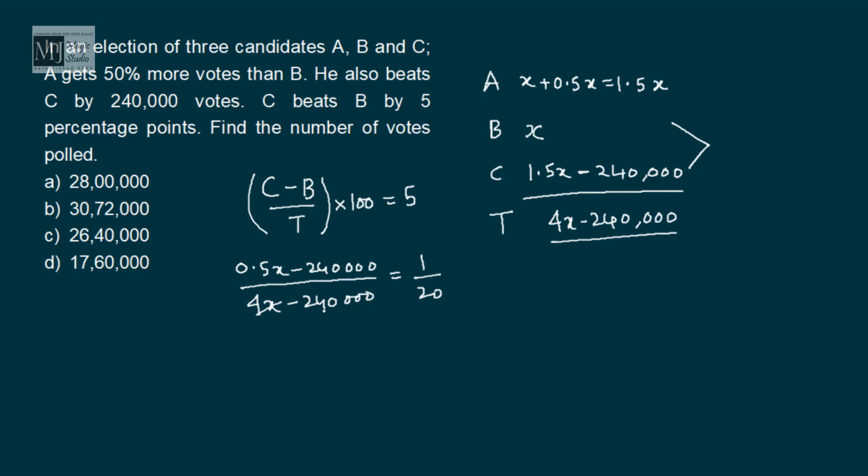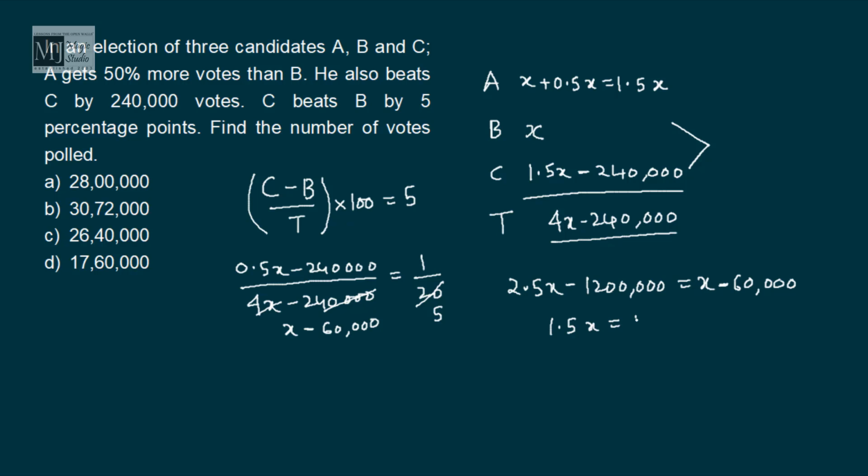If I take common 4, it would be x minus 60,000. Cancel out here 5 times. So I have 2.5x minus 2 lakh 40 into 5 is 12 lakhs, equals x minus 60,000.